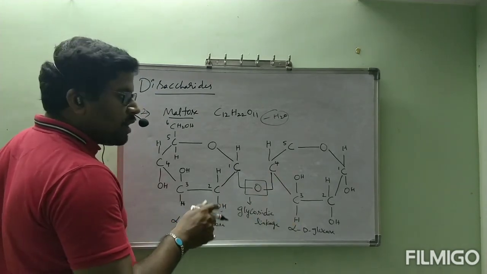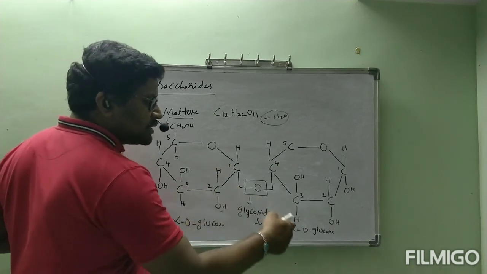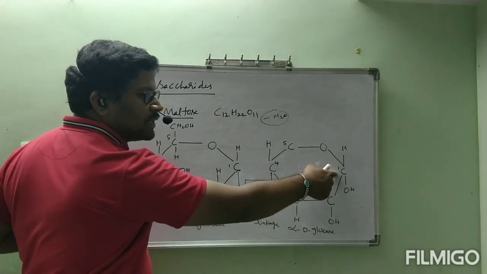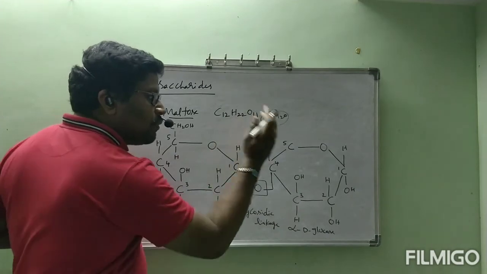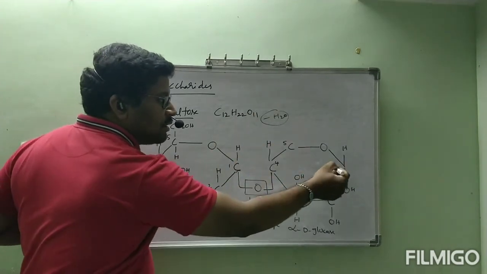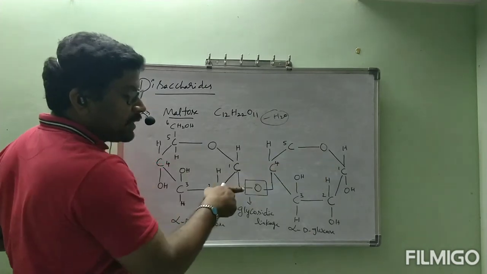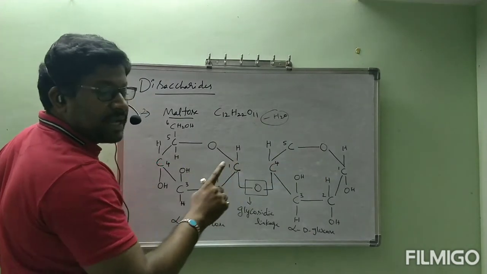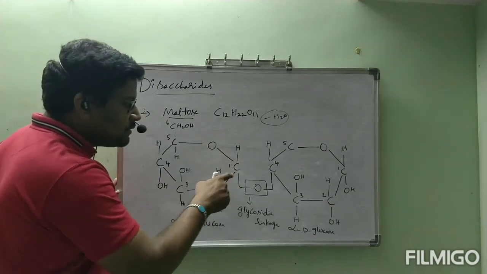Here, what is the anomeric carbon of glucose? First carbon. This alpha D glucose also has first carbon as anomeric carbon. That's why in this total molecule, one alpha D glucose anomeric carbon is free. It is not involved in glycosidic linkage. Only one anomeric carbon is involved in glycosidic linkage.